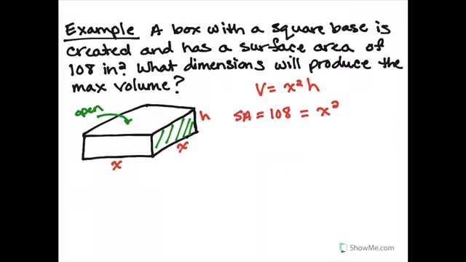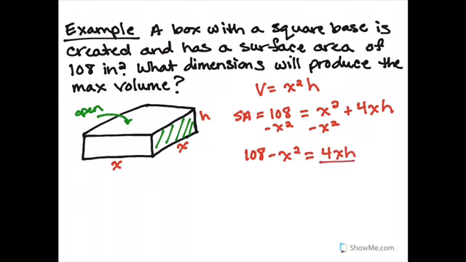So plus 4xh. So I need to use that equation to solve for a variable. Which variable is going to be easiest to solve for? H is. So let's subtract x squared from both sides. I get 108 minus x squared equals 4xh.